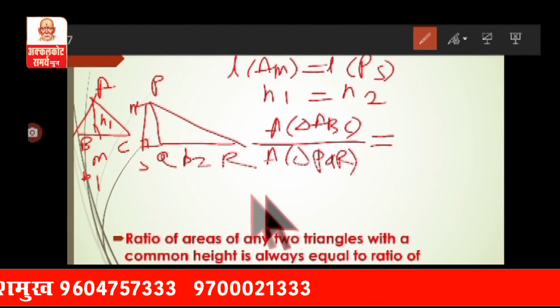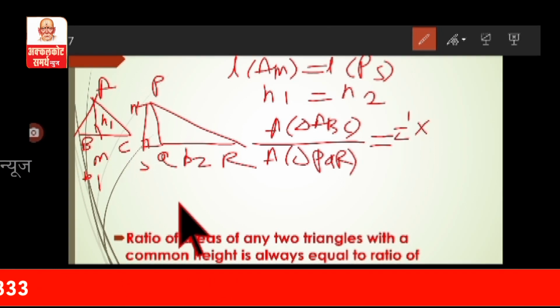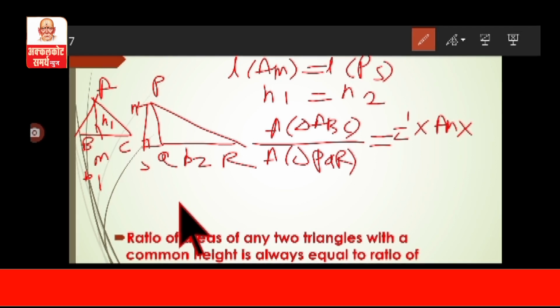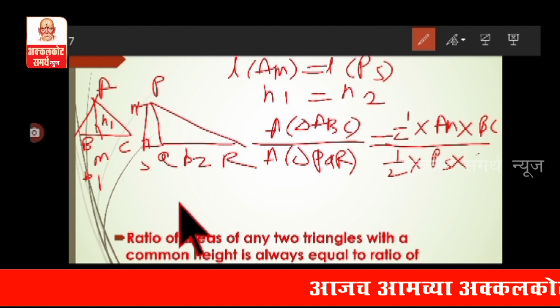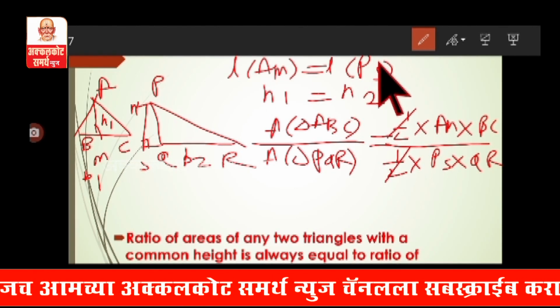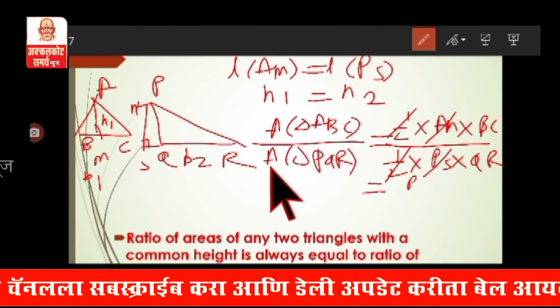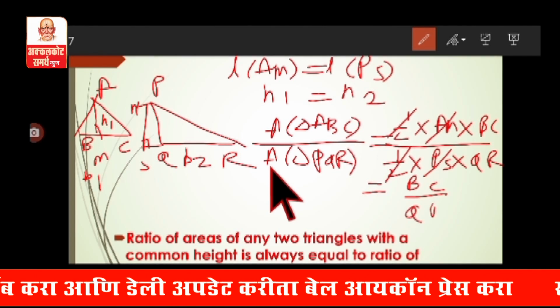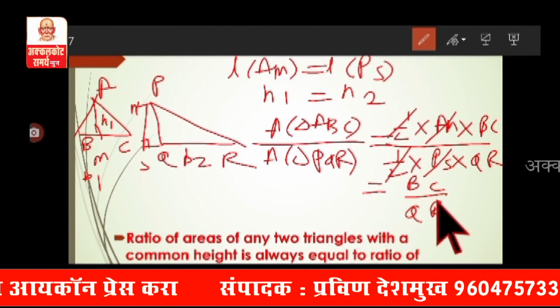Then we can take half into height, which here is AM, and base BC, and the same again here, half into height PS and base QR. Half and half will cancel, and AM is also equal to PS, so this will also cancel. So what will remain here? Only BC over QR.